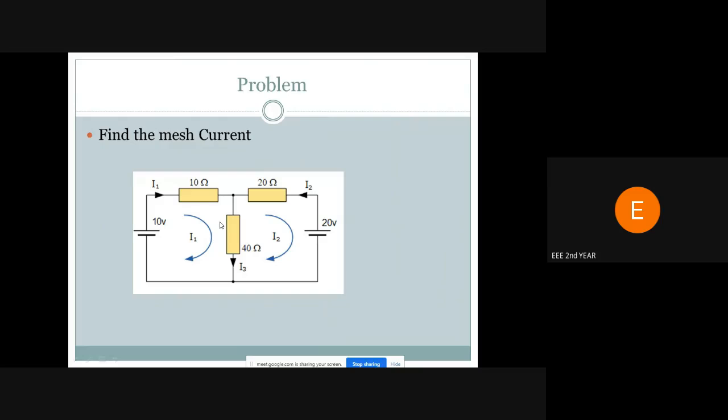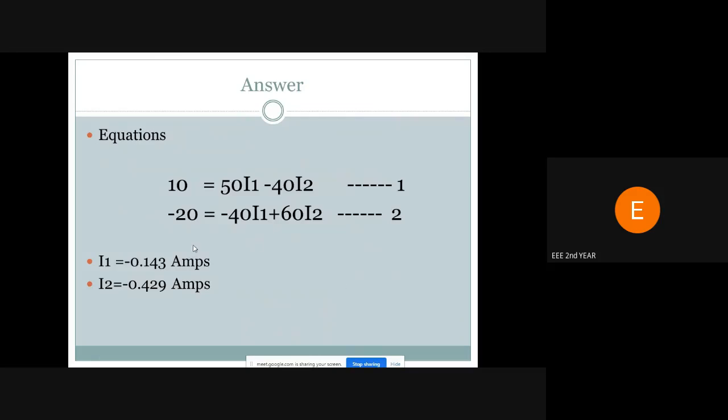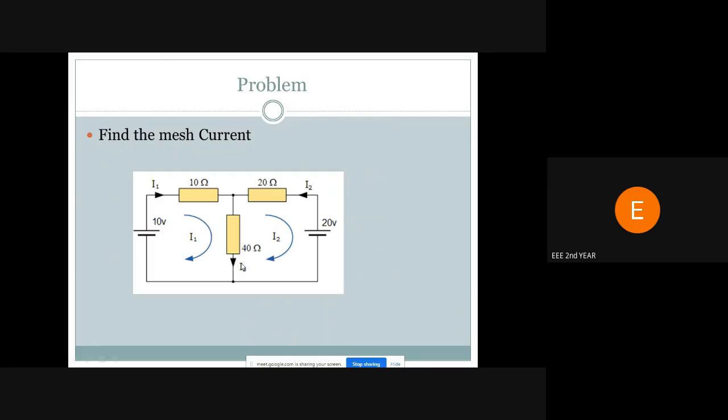So both the currents are in opposite directions. For that case, you have to determine another current I3, where I3 is equal to I1 minus I2. So by finding I1 minus I2, we can get the value of I3, the current flowing through this 40 ohm resistance branch.